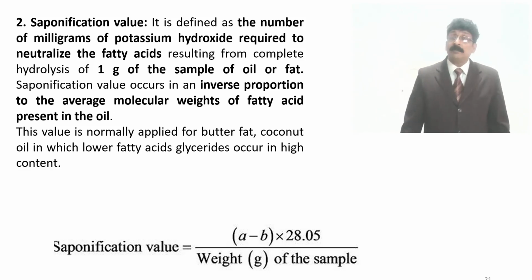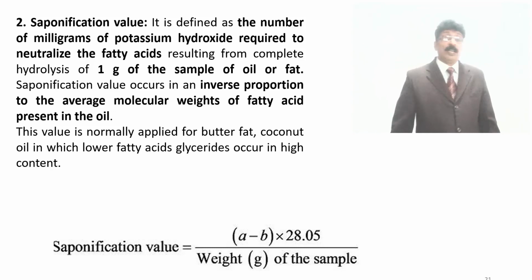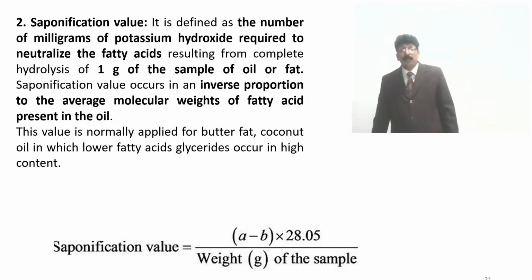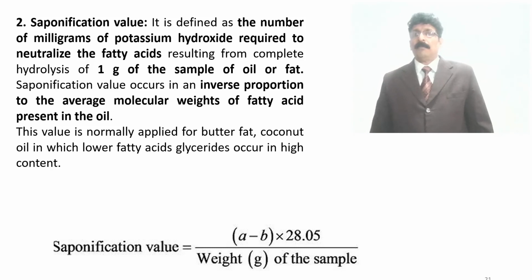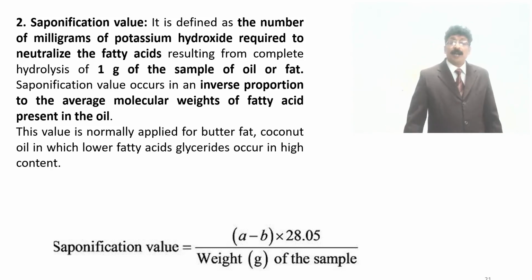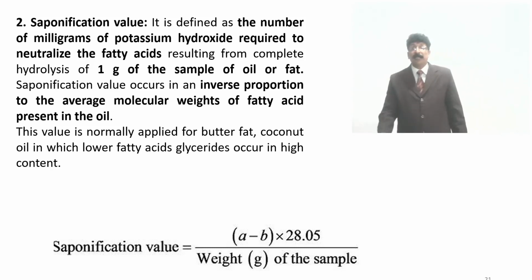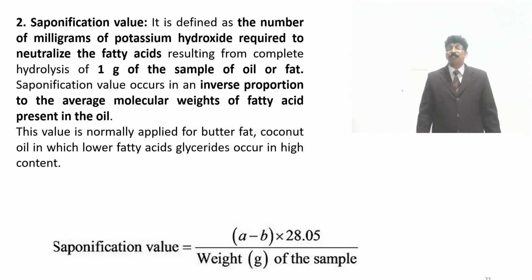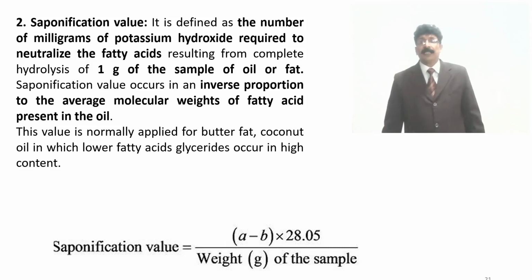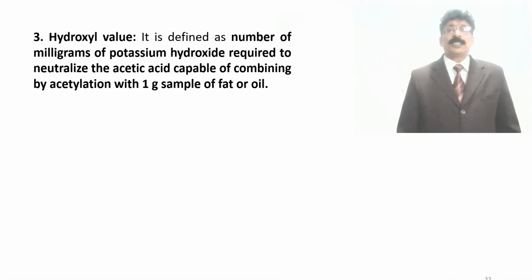This is the molecular weight of potassium hydroxide, 56.1, divided by 2 since it's 0.5 molar which you are using, and then divided by 100. Divided by the weight in grams of the sample taken, it will give you the saponification value.